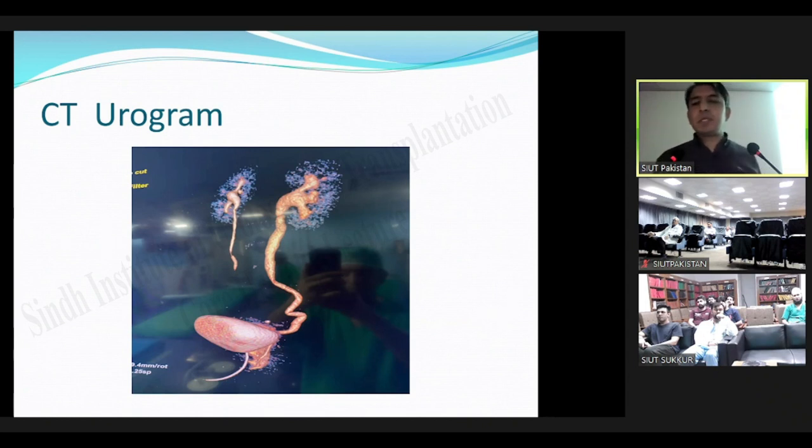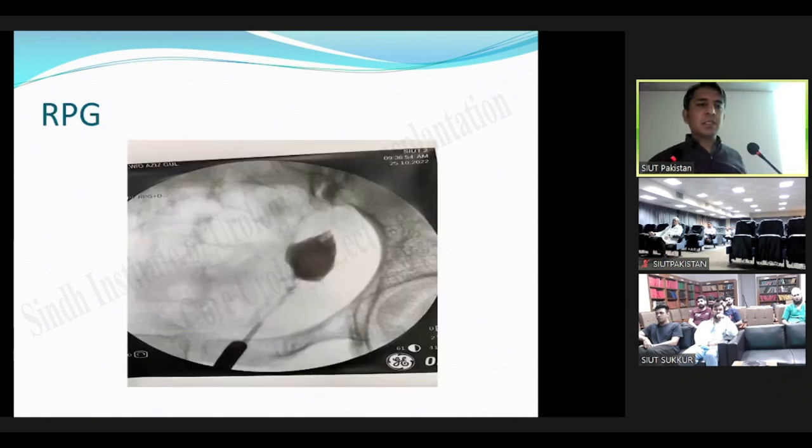So the principle is that the entire length of the ureter is rarely seen in a single film of urography because of its peristaltic activity. Otherwise, ureteral atony or obstruction should be suspected when you see the complete length of the ureter on CT. This is the same patient's RPG, showing the extravasation of the contrast at the distal ureter.